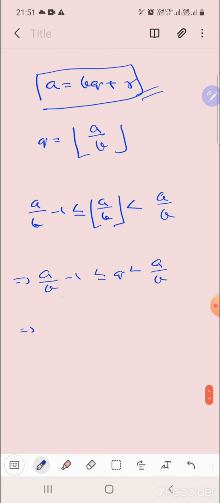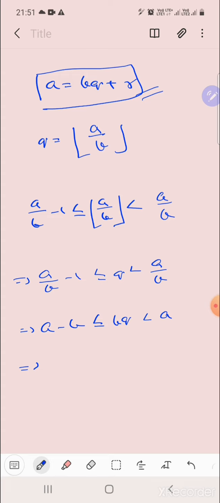When you simplify the sides, and after simplification you can do it on your own, you have bq, then here you have a, so you change the sign to minus bq.